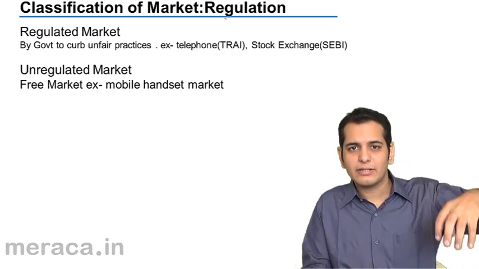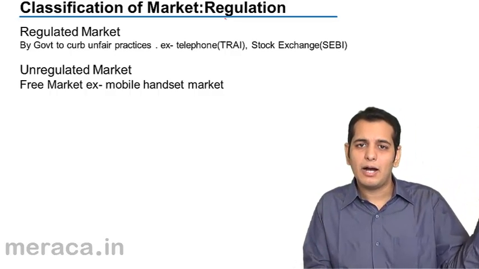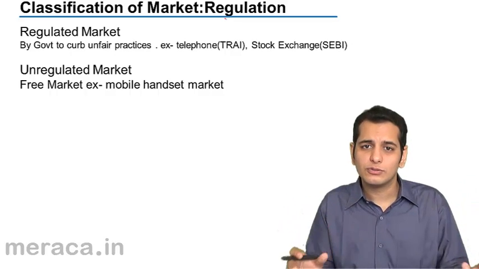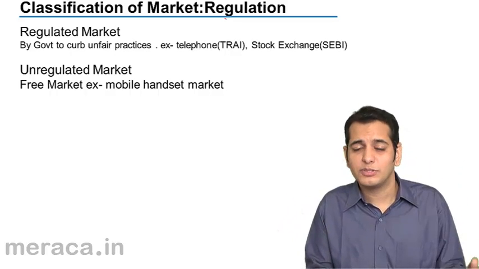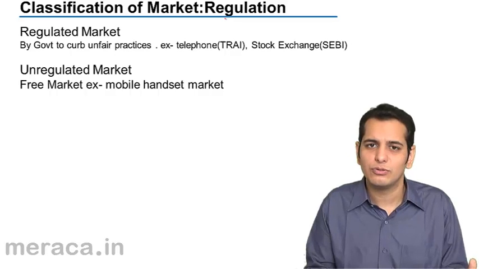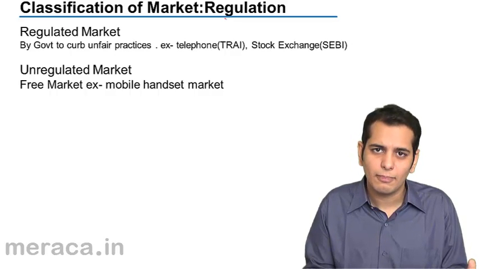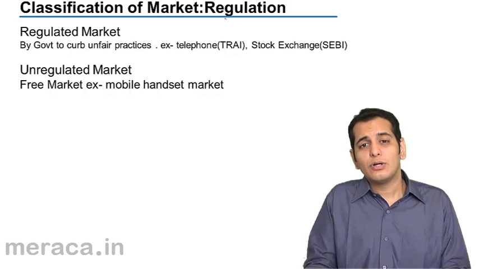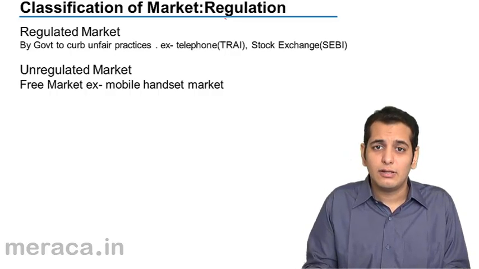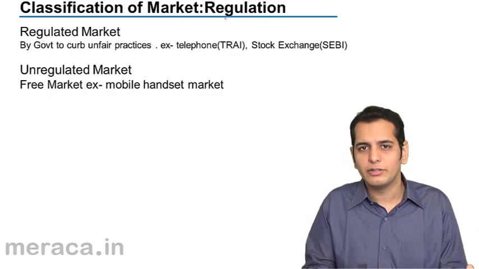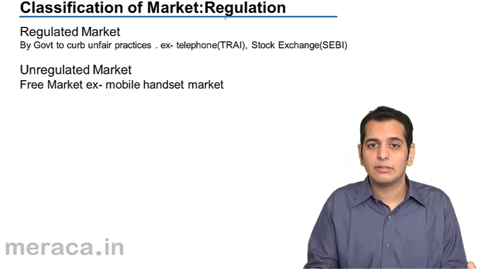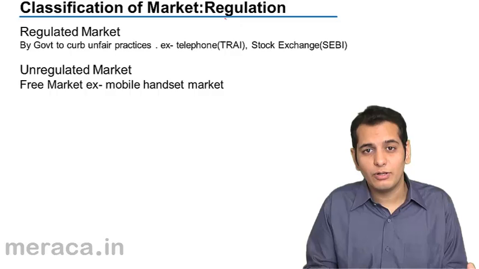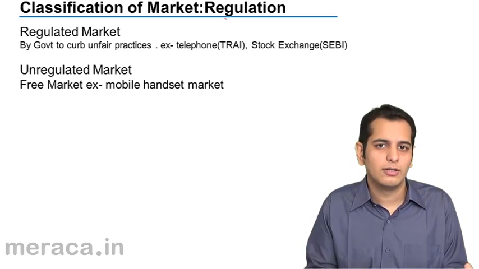Is that market regulated by a body which overlooks the functions, the norms, and sets the guidelines for the market? Now, you may wonder as to how a market can have regulations or a regulatory body. It certainly can. You must have heard this word, SEBI.